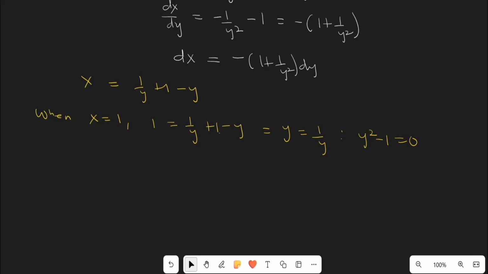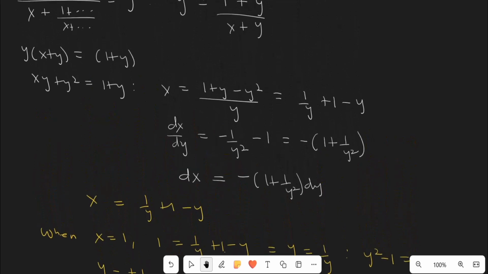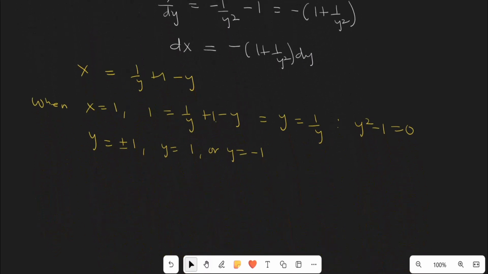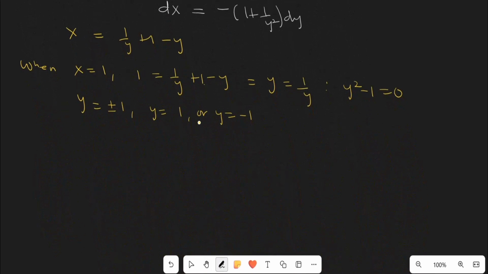So you either have y equal to plus or minus 1. Since x values are positive here, the y values must be positive. So we are taking the positive value of y, which is 1. So when x is equal to 1, y is equal to 1.